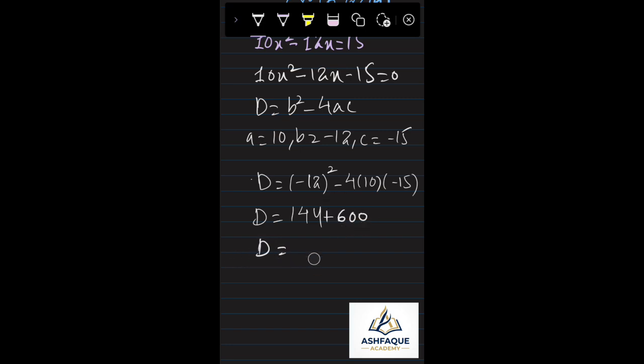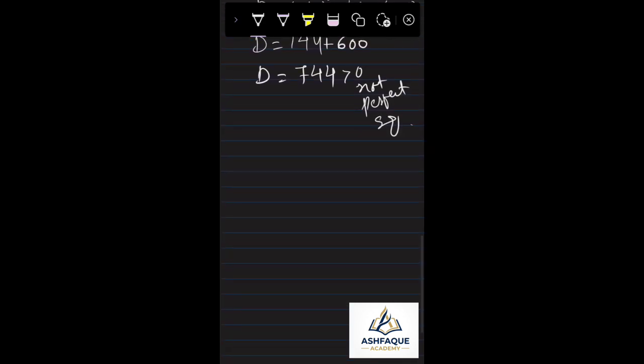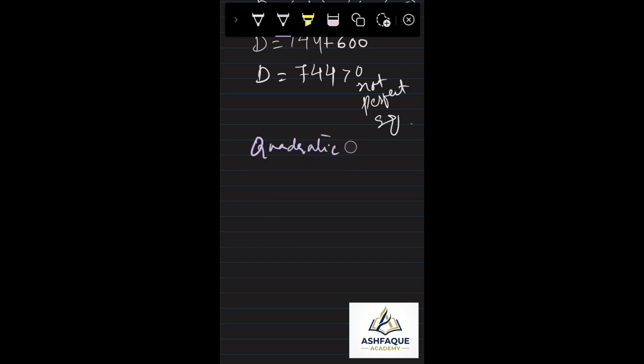So D equals 744, which is greater than 0 but not a perfect square. So what we have to do, we will use the quadratic formula.